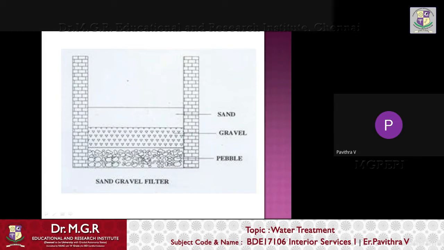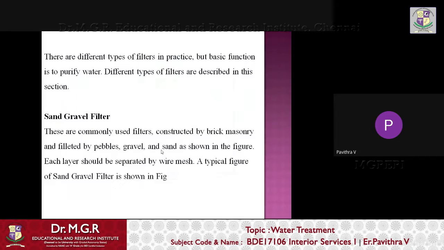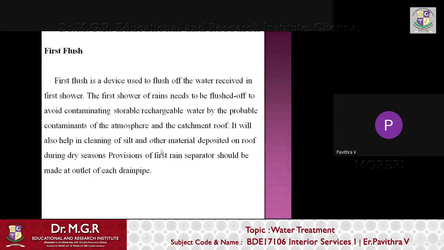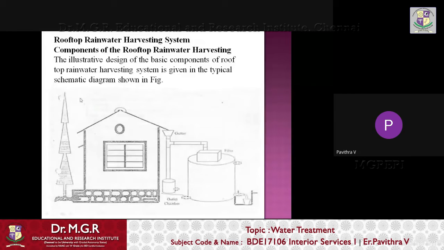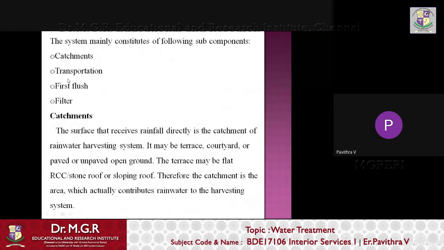We had seen the rainwater harvesting definition, and after that the two different types of rainwater harvesting: surface and rooftop. Coming to the rooftop section, we had seen the different components, that is catchment, transportation, first flush and the filter medium.